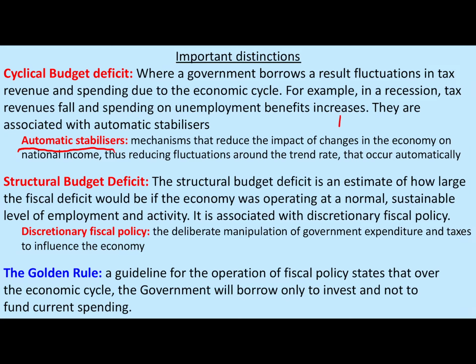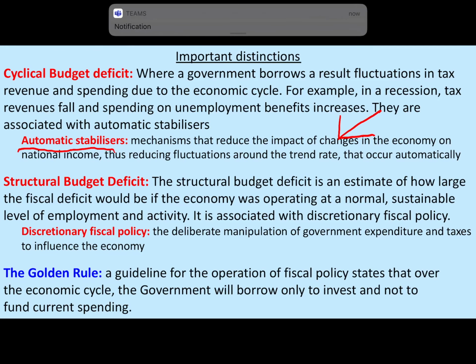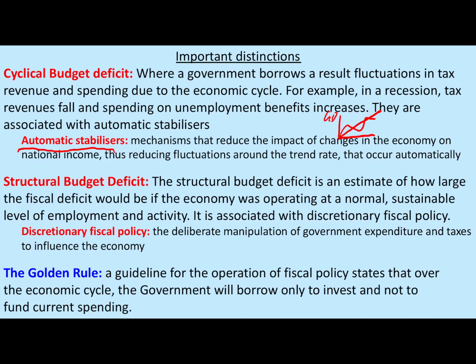So if we have, I'm just going to draw it in small, here's our trend rate, here is our actual level of GDP on the Y, time on the X. Automatic stabilisers act to push our actual towards our trend rate. So we're stabilising the fluctuations we see in the business cycle.